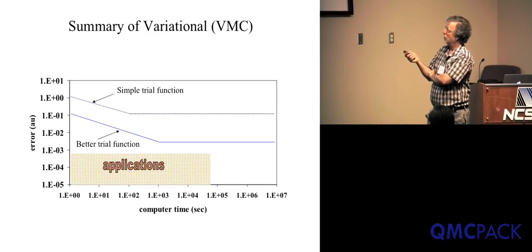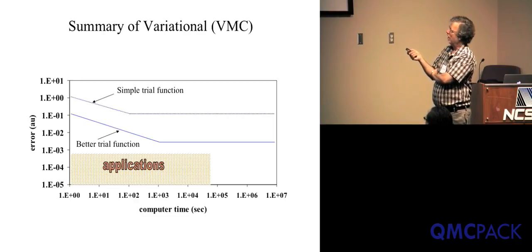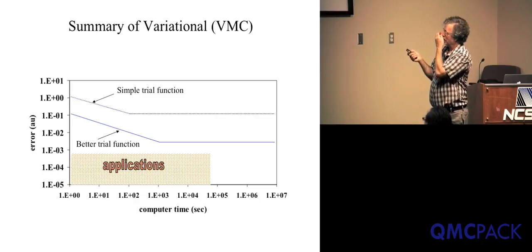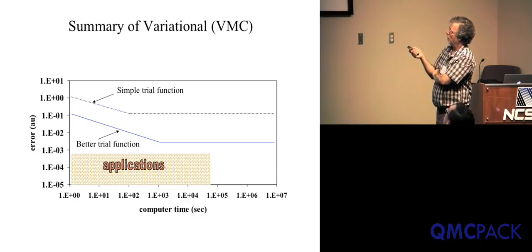So you make a better trial wave function and you get both a lower systematic error and a lower statistical error. But you have to run longer to achieve that, because your wave function is slower, but you can get better.